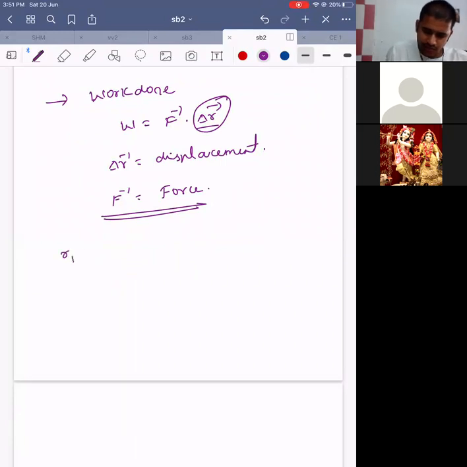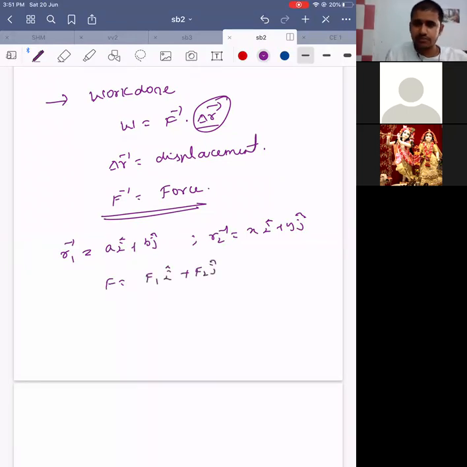Initially, R1 bar is equal to A I cap plus B J cap. After certain time, R2 bar is equal to X I cap plus Y J cap. The force acting is equal to F1 I cap plus F2 J cap. Then what is the work done? What we need to do? First, F bar dot delta R bar.